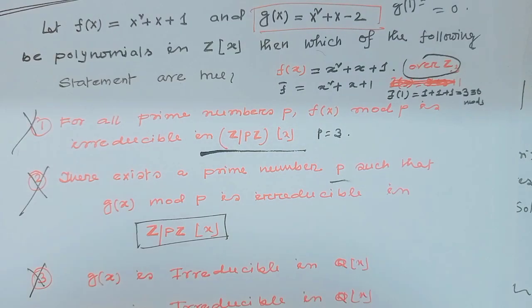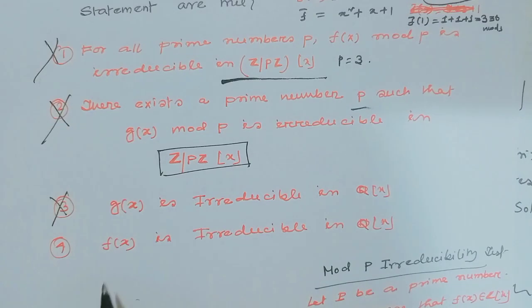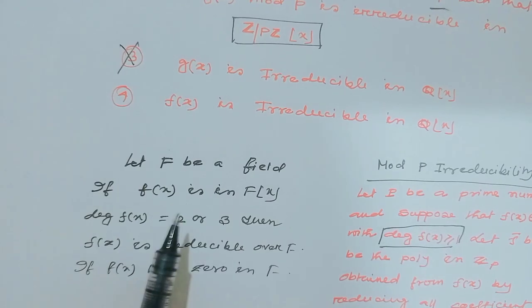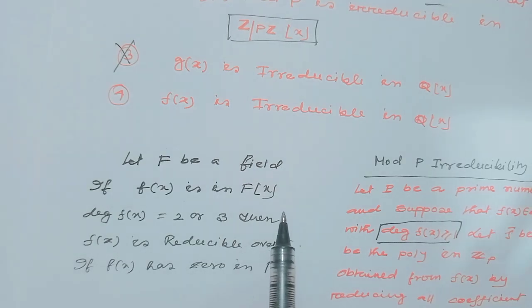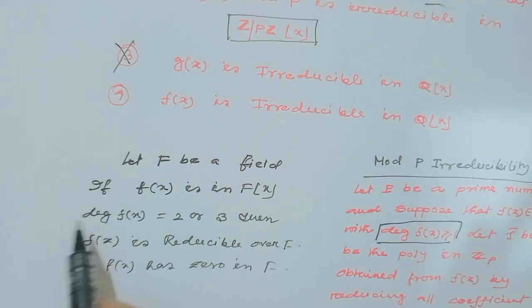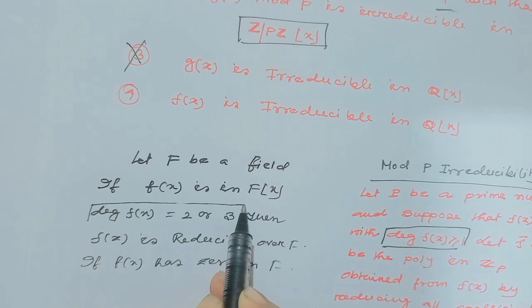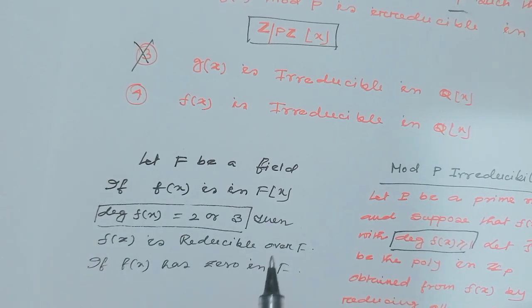And option 4: f(x) is irreducible in Q[x]. We all of us know, let F be a field and f(x) is in F[x] and degree of f(x) is 2 or 3.